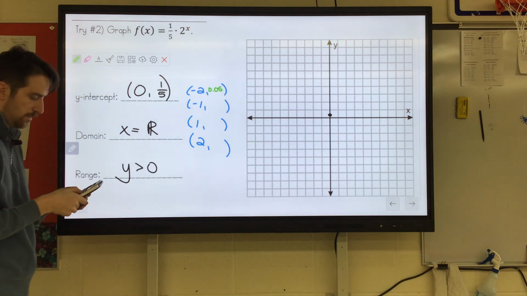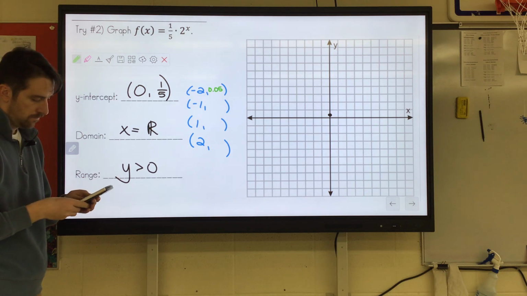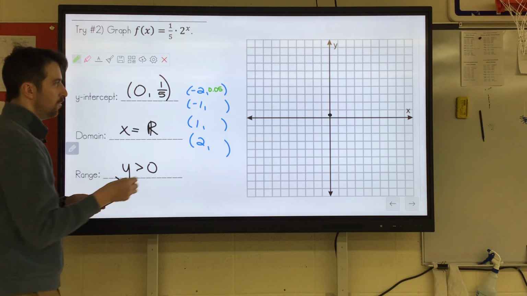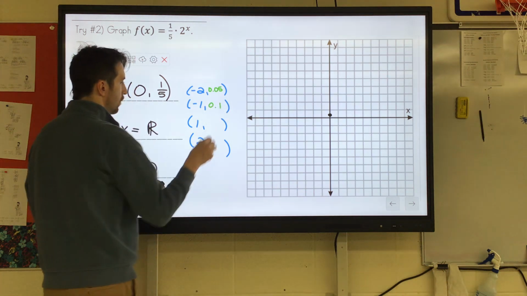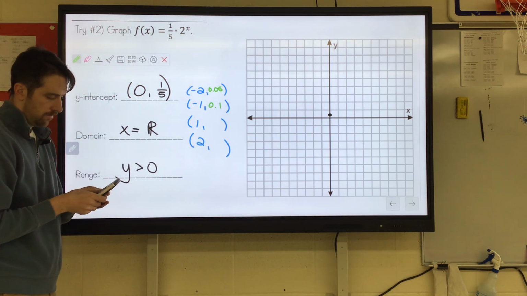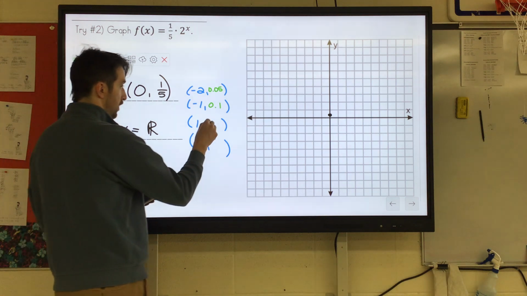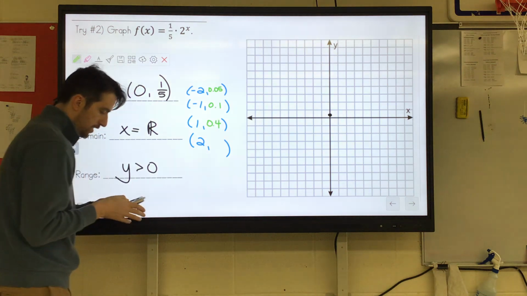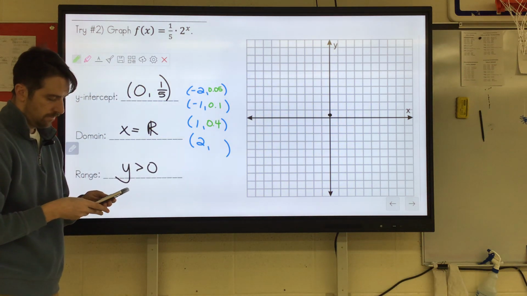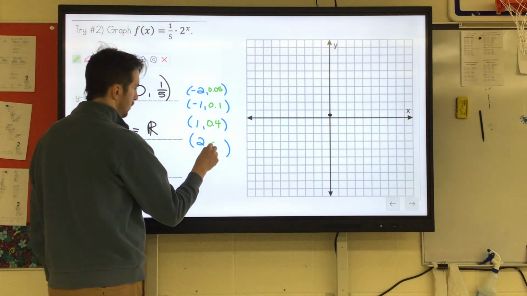All right, how about when we go to the -1st power? 0.1. Oh, wow. How about when we go to the 1st power? 0.4, that's cute. And to the 2nd power? 0.8.